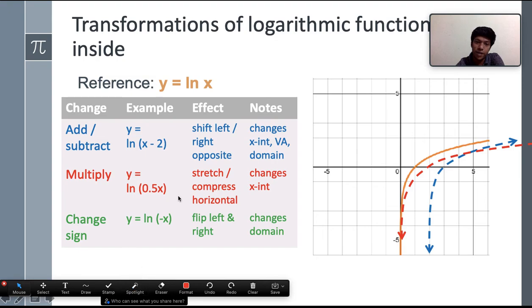Suppose you multiply the number 20 by 0.5, it will become 10. That's why the value is becoming smaller. And see, the minus is within the bracket with the x. That's why it is a y-axis shift.